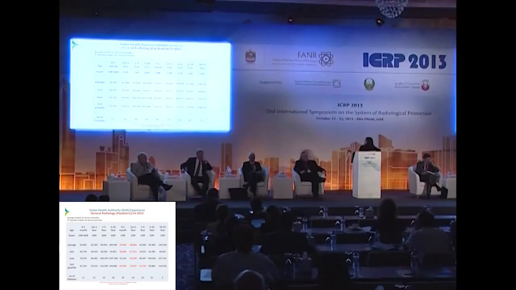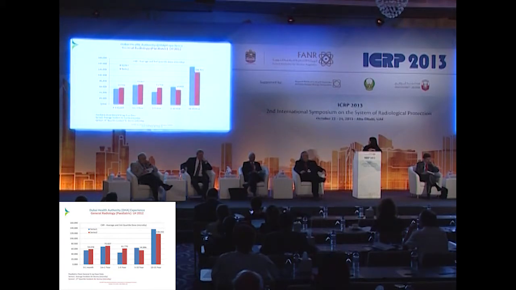We obtained data on abdomen and chest X-ray. We can see that the doses increase with the size or age of the patient, while in the chest X-ray we see some fluctuation, which may be well presented here. If you see here, the doses in this age group are less than in the younger age.